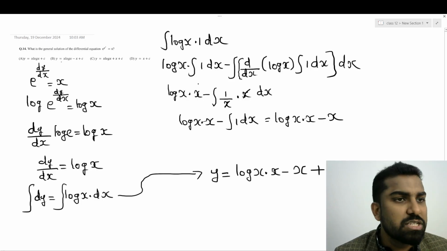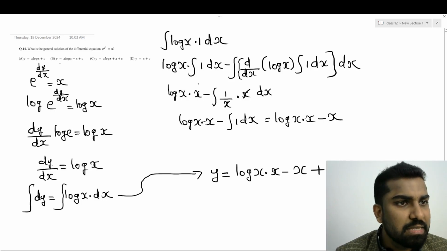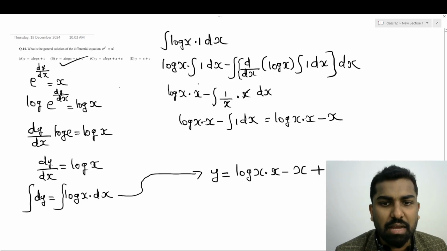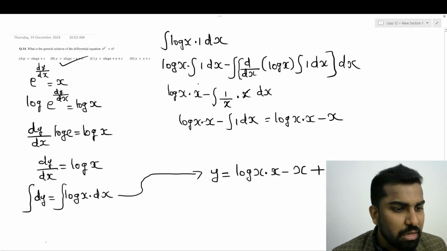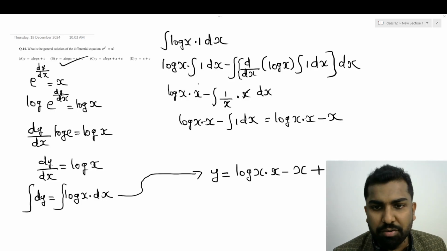So x log x minus x plus c, option B, is the correct answer for this question. I hope this question is also clear to everyone.